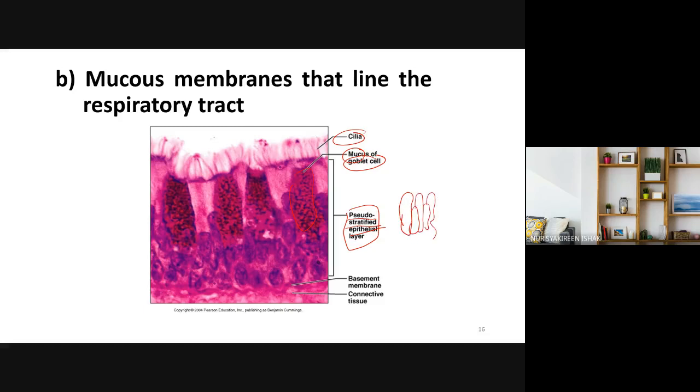Pseudo-stratified tu. Okay. So that is pseudo-stratified, nampak? Ada yang tinggi, ada yang rendah, ada yang tinggi kan, ada yang kecil. So that is pseudo-stratified epithelial cells. And in between that you have the goblet cell to produce mucus, and then it is lined by cilia. Okay. So down below you have the basement membrane and also connective tissue.